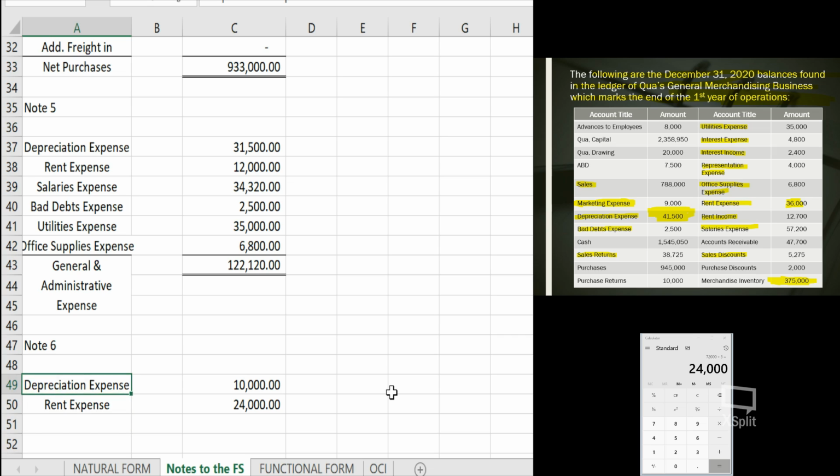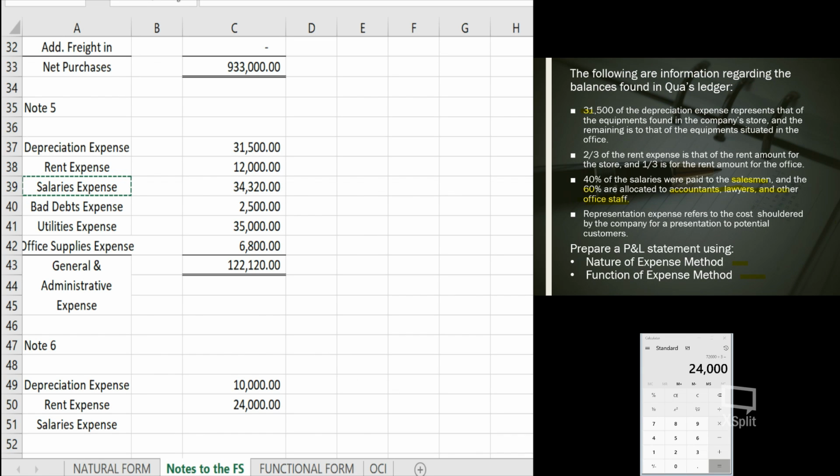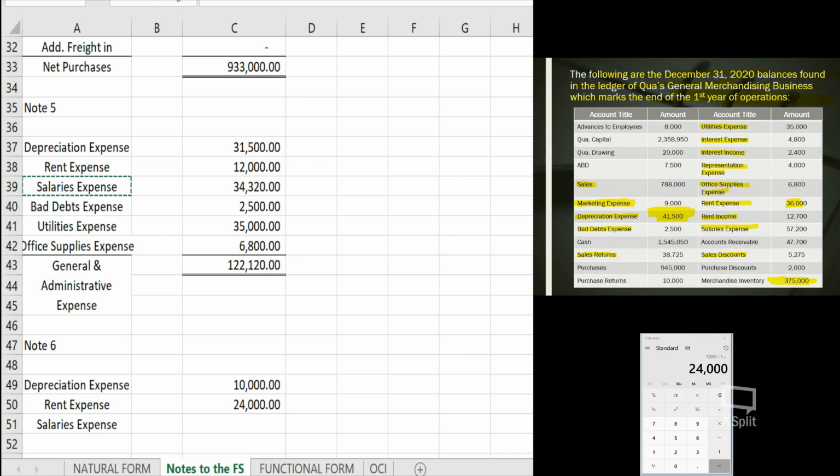And then, we have salaries expense as well. Okay. Ito ata yung 60%, 40%. Okay, 40% of salary. So, ayan, 40% of salaries, ito yung magiging selling expense natin. Okay? So, the total amount of our salaries is 57,200.